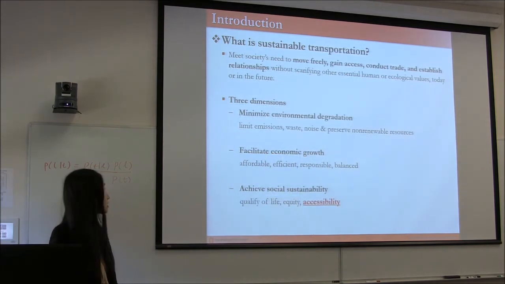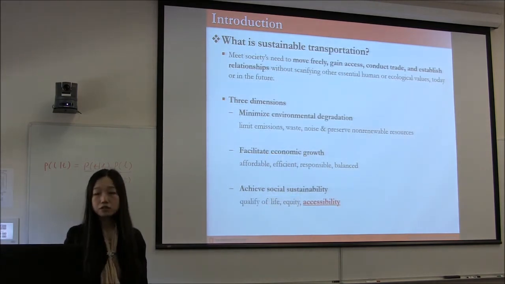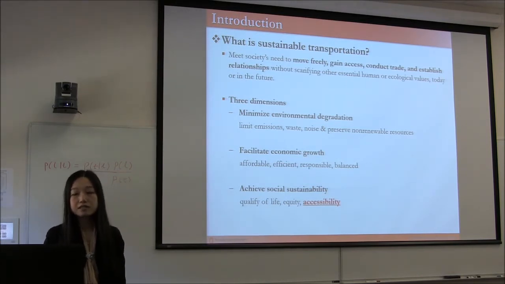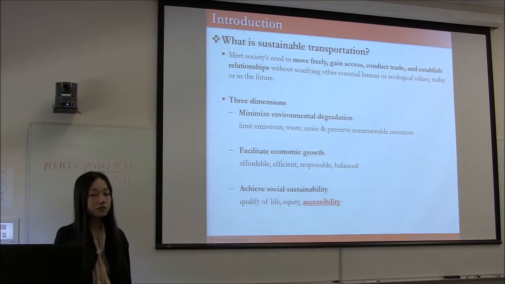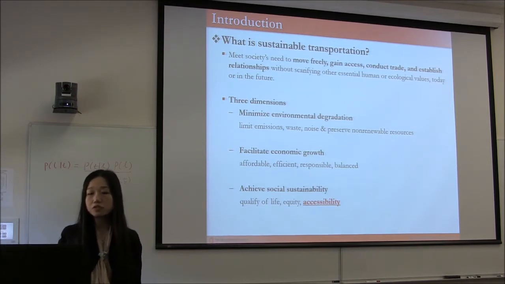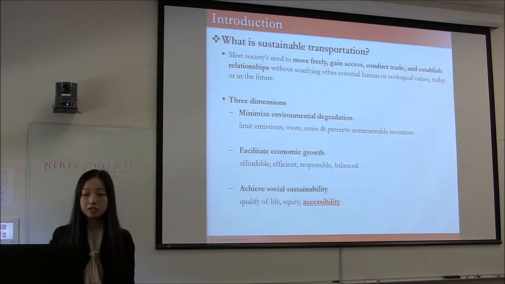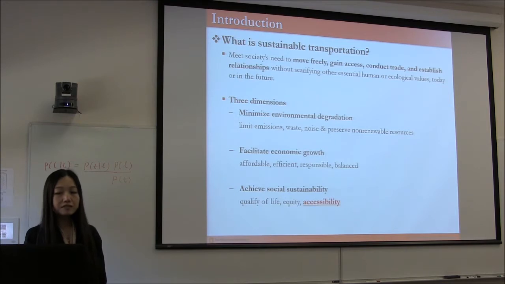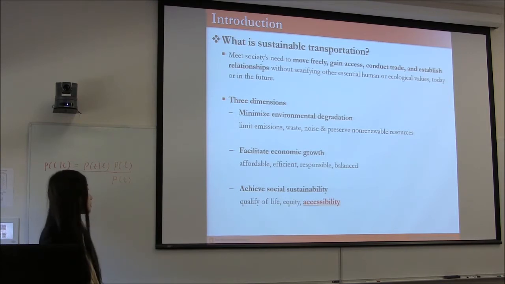The need with respect to transportation is moving people and goods around. So it's a follow-up from the general definition of sustainability. The three dimensions with respect to sustainability include limiting emissions and waste within the planet's ability to absorb them.